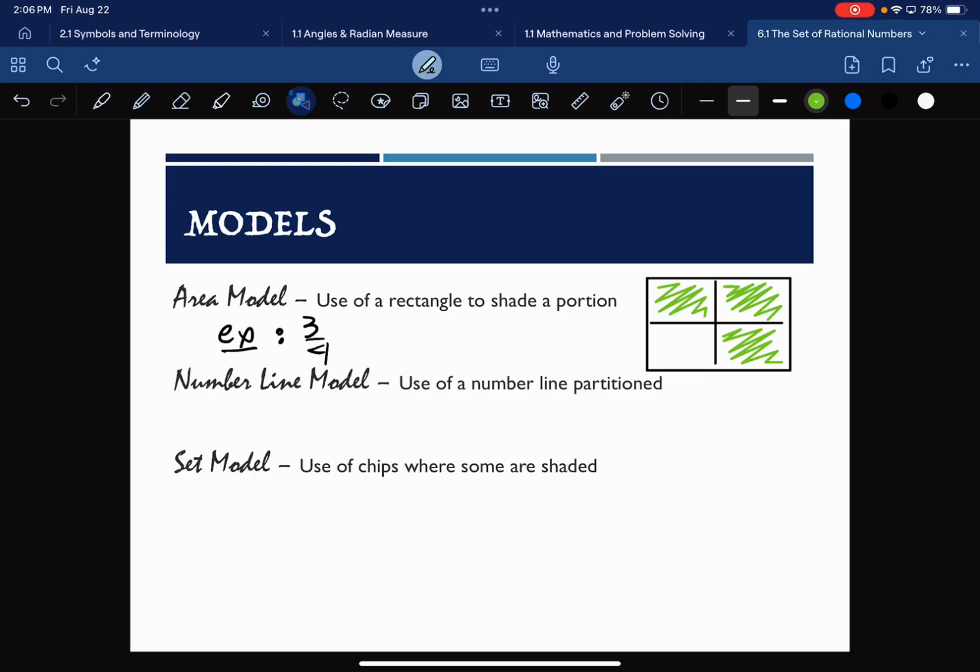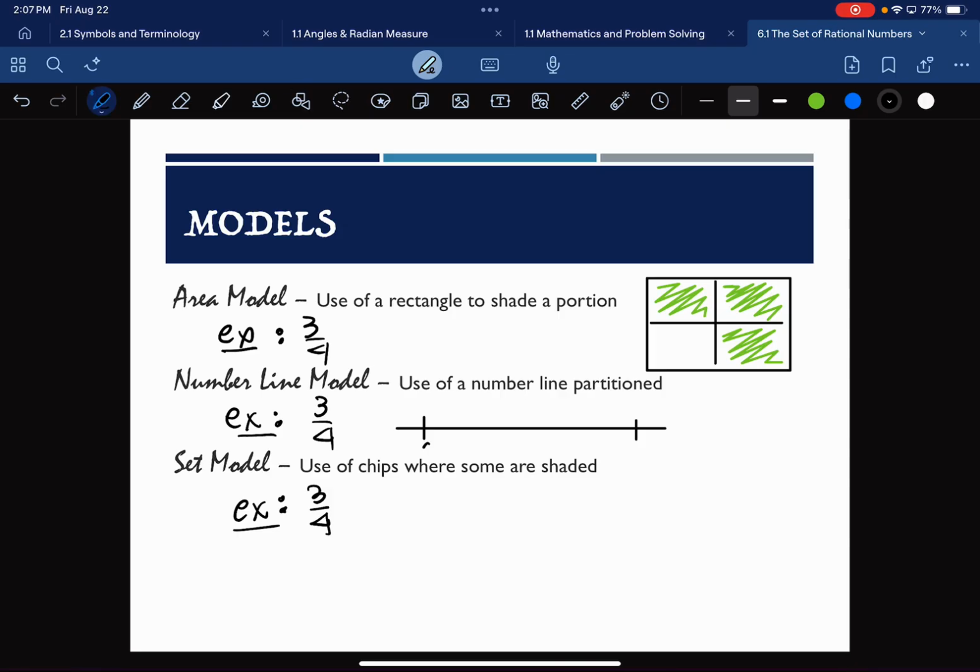The number line model is the one that we didn't see at all last time. We're still using the number 3/4 for all of our models here. I'll go ahead and write it down for the set model as well. But instead of drawing a picture where we shade in areas, we draw a number line. So we're going to draw a line like that. We need a starting location and an ending location.